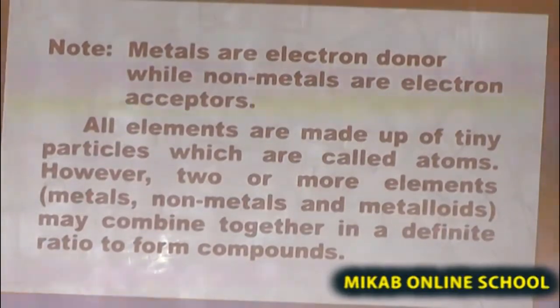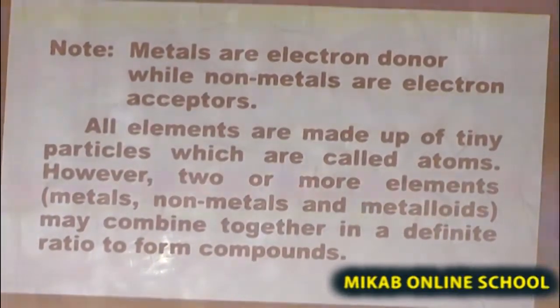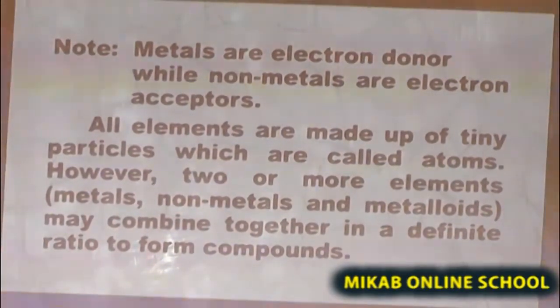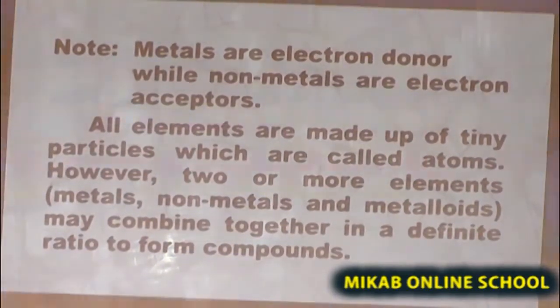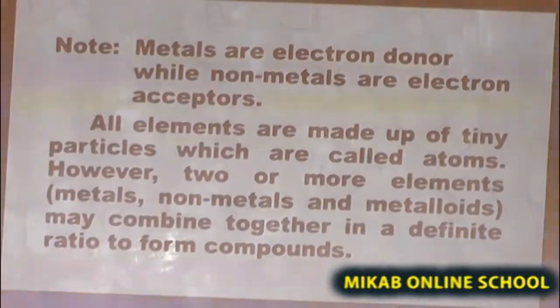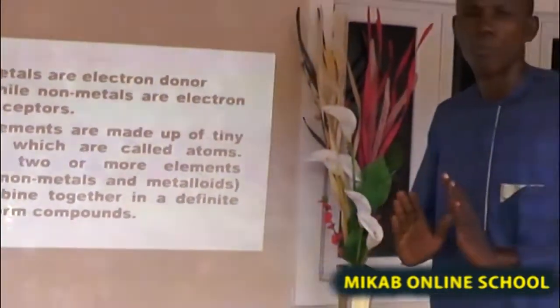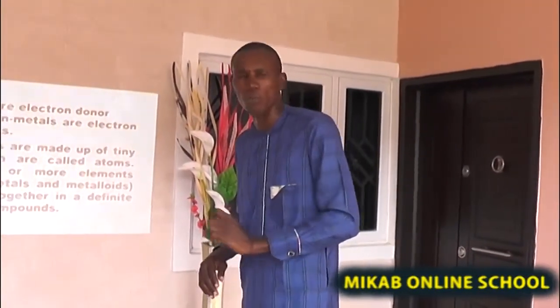Therefore, when a metal combines with a metal, a compound is formed. When a non-metal combines with a non-metal, a compound is formed. When a metalloid combines with a metal, a compound is formed. But then, there are differences between the compounds that will be formed.